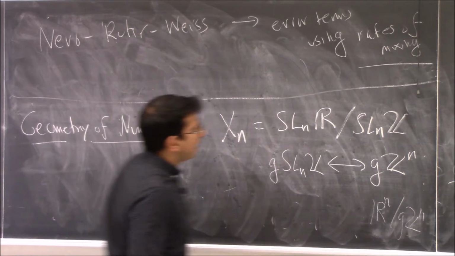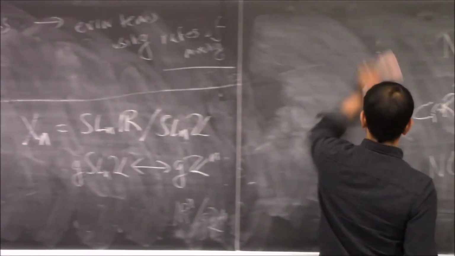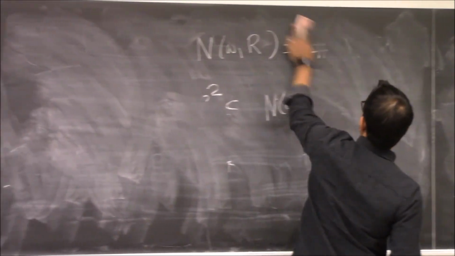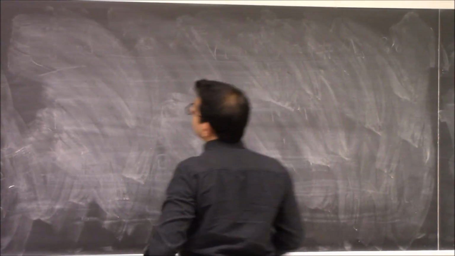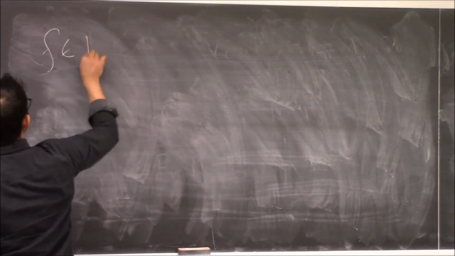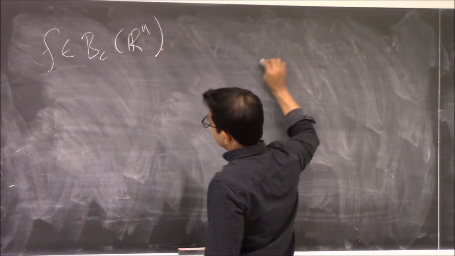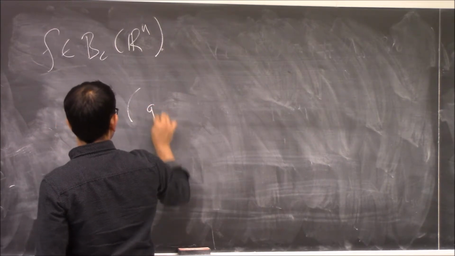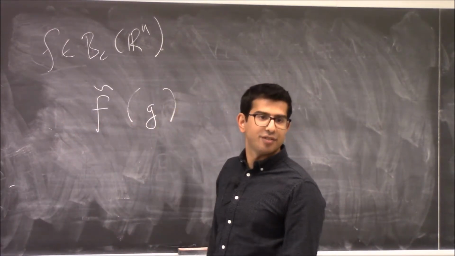And I have actually two different transforms one can define. So if I start with f, which is a bounded compactly supported function on R^n, I can define f twiddle of g. They'll just be SL_n(Z) invariant functions.